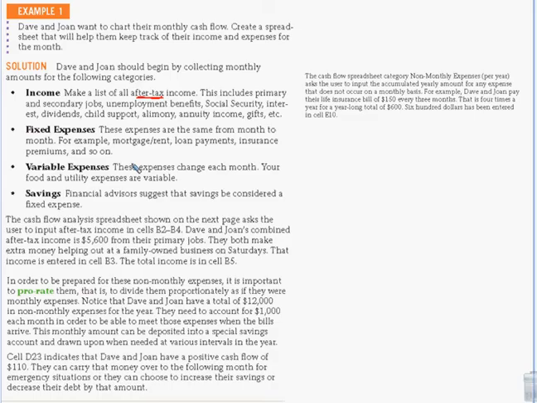Then you have your variable expenses. These change every month. So like your food or utility expenses are variable. On this, you're going to be doing an average. Or if you want to play it safe, go higher.